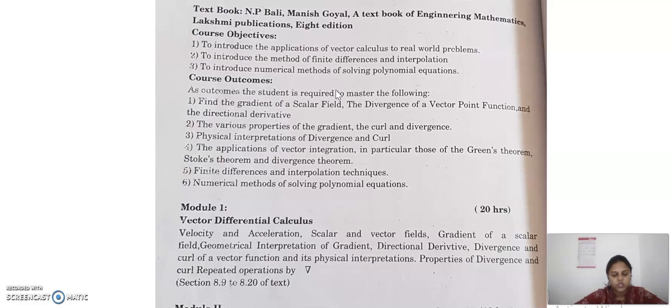So we will look at what is the meaning of velocity and acceleration, and then we will move on and introduce what are called scalar and vector fields. Okay, but scalar is something which has magnitude only, and vector is something which has both magnitude and direction.